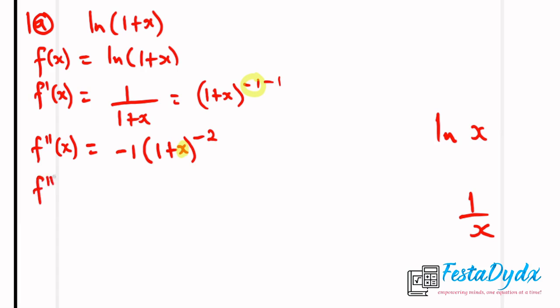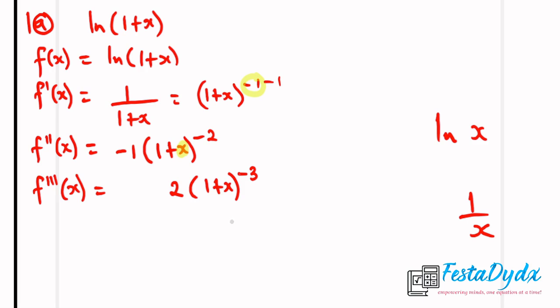For the third derivative, we'll be having minus 2 here. So minus 2 times minus 1, which is positive 2, and then the function 1 plus x raised to power minus 2 minus 1, which gives us minus 3. So we just have 2 bracket 1 plus x raised to power minus 3.